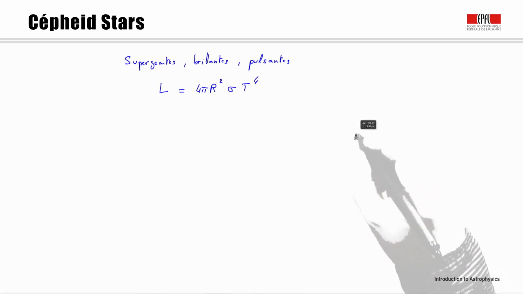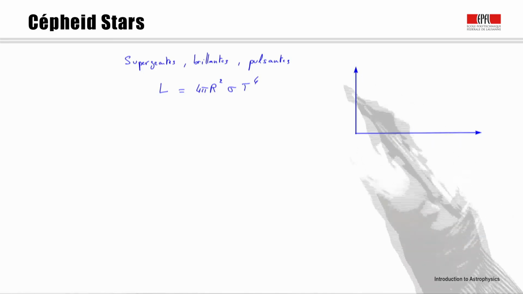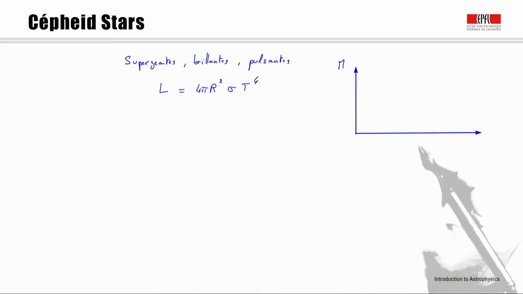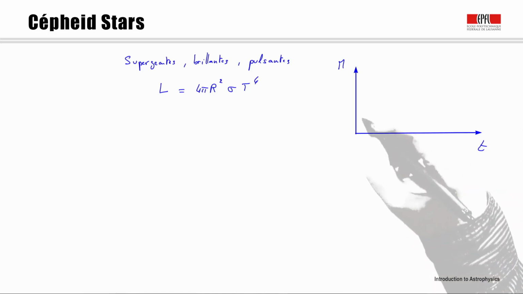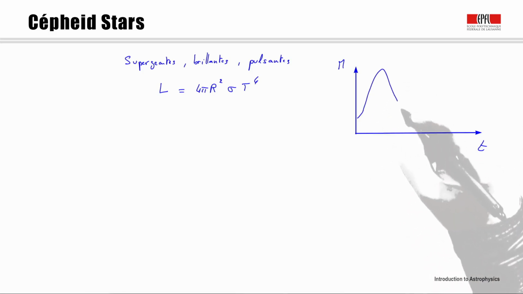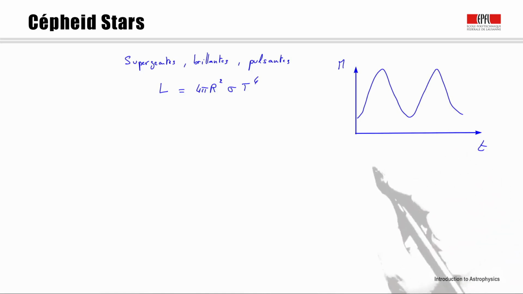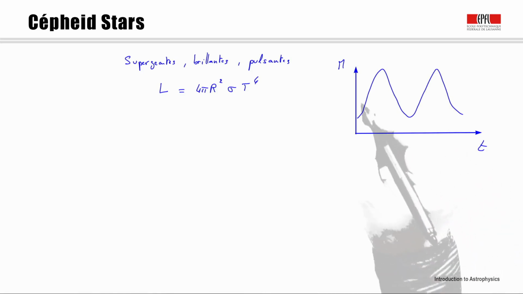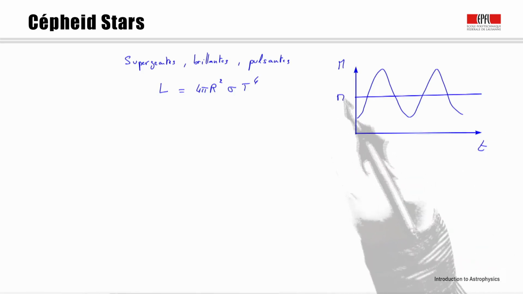If I show you this on a graph, here is what could be the magnitude of a Cepheid star. The time is here, and the light curve of the Cepheid star. We have a given mean value, we have a mean m.